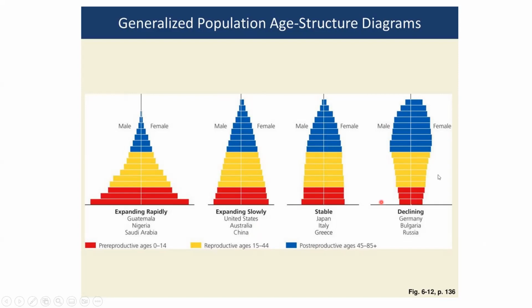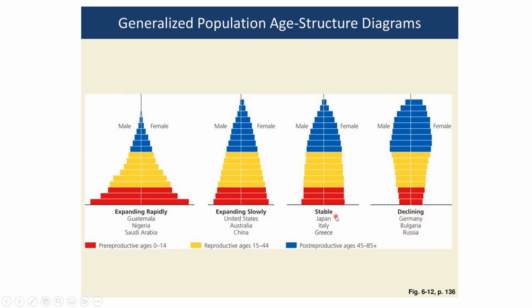And then what we have here is similar to what we saw with Sweden. It's more or less the same throughout, but it's a little thinner at the bottom. It doesn't have quite as many of those young people, and it's a little thicker at the top in terms of the elderly population. This is where we start to see the population actually decrease. This is going to be places like Russia, and then they've also got Germany and Bulgaria listed here.